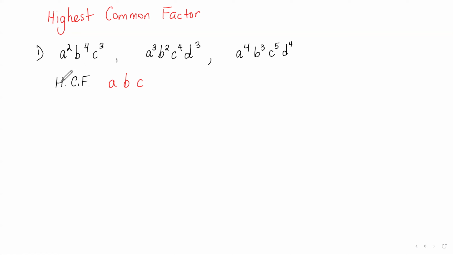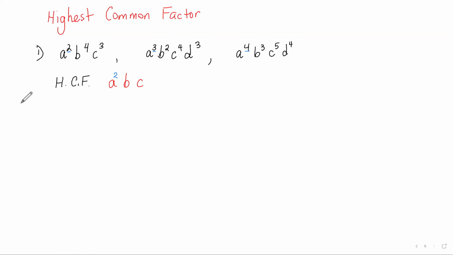So if we look at A, the powers of A are 2, 3, and 4. You'll have to choose the lowest power of all of them, so the lowest one there between 2, 3, and 4 is 2. So it'll be A squared.